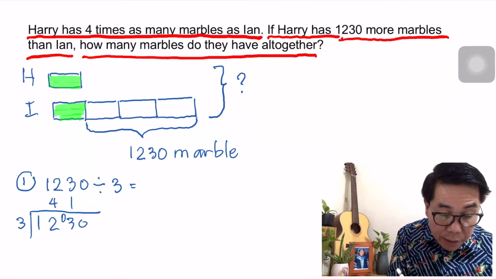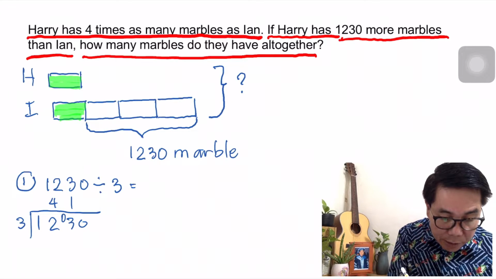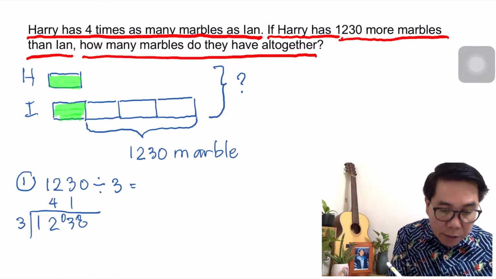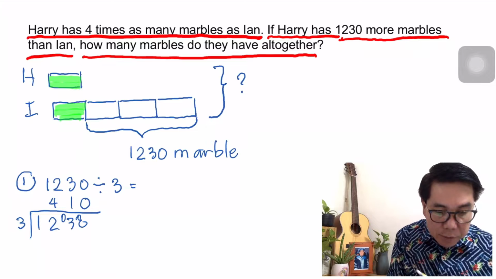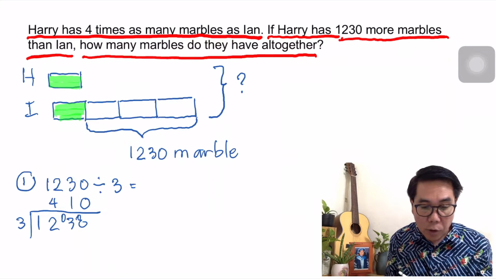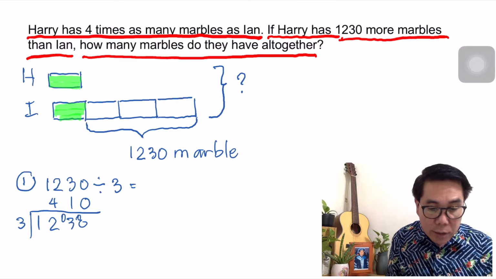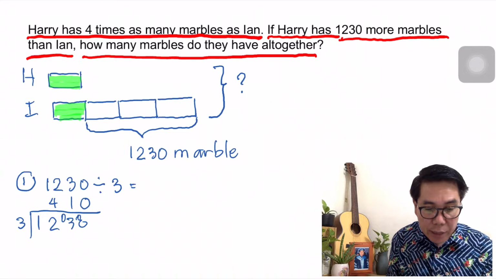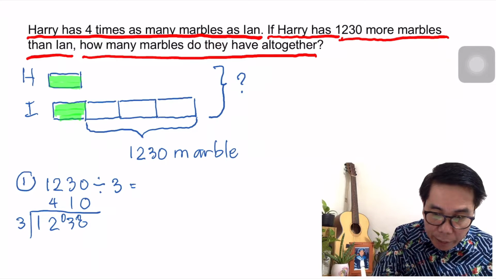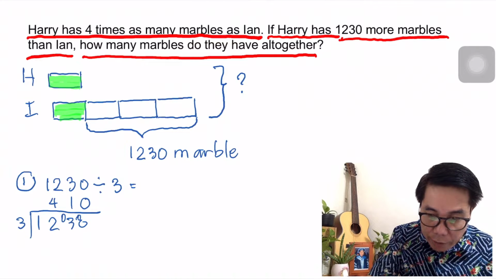1 times 3 is 3. 3 minus 3 is 0. So you put 0 there. 0 divided by 3 is 0. 0 times 3, 0 minus 0 is 0. So the answer is 410. So 1,230 divided by 3 is 410. That means to say that 1 unit there is 410.